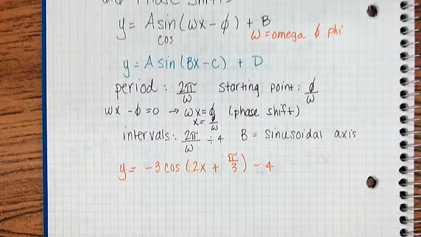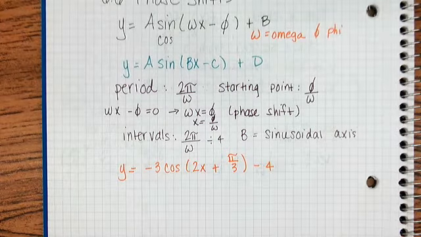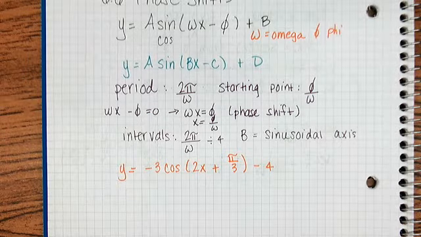And I'll ask you to evaluate all the important, pertinent information. What's the phase shift? What's the vertical shift? What's the sinusoidal axis? What's the period, et cetera, et cetera.